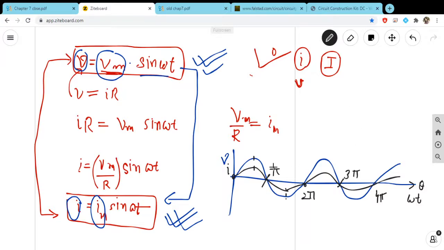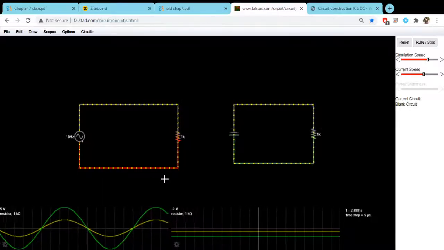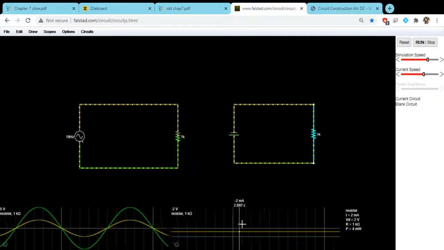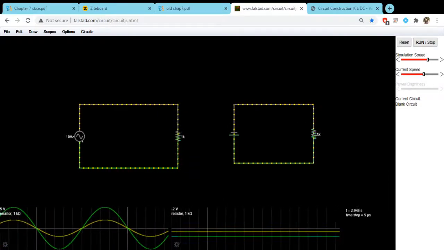I told you earlier, this is the graph for v versus omega t, and also i versus omega t. So this is what we have learned here. Let me remove this part.